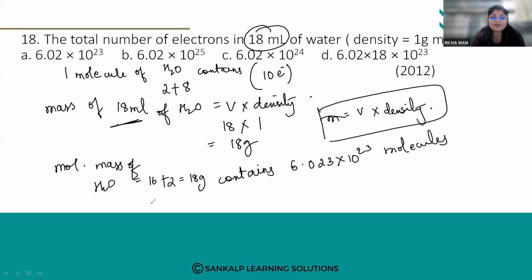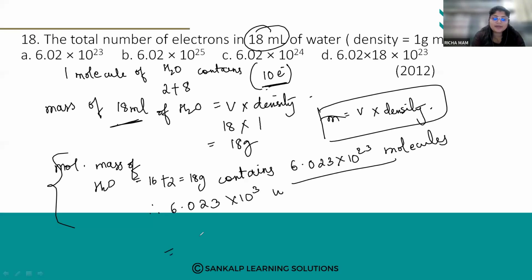So what we have to do is multiply. 6.023 into 10 raised to 23 molecules will be there. So for the molecular mass of water, it contains 6.023 into 10 raised to 23 molecules. How many electrons are there? There are 10 electrons per molecule.